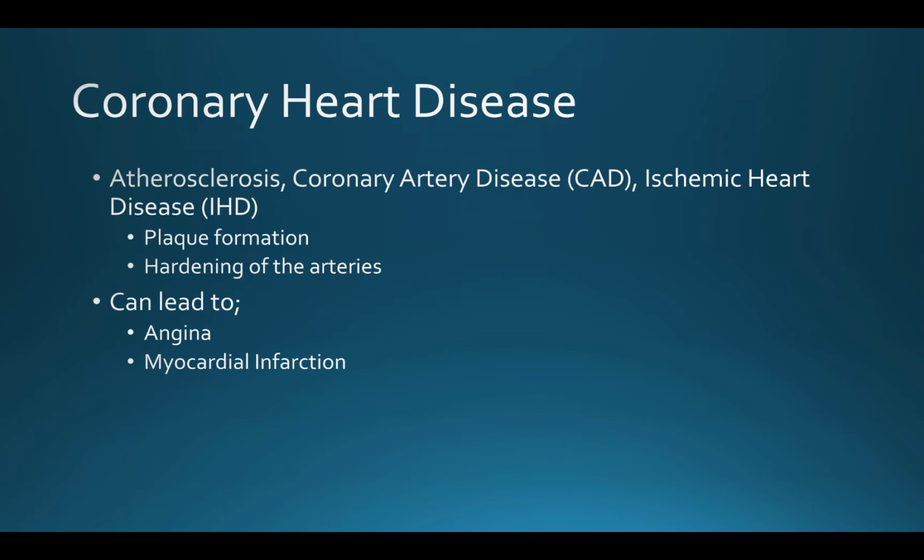And over time, as we get older, maybe have a poor diet, high-fat diet, those types of things, we may be at more risk for developing some of those things. Obviously, smoking, diabetes, lots of other risk factors too. And that narrowing, that plaque formation within the walls of the vessels, can certainly lead to blockages, like I had mentioned when talking about acute coronary syndromes.